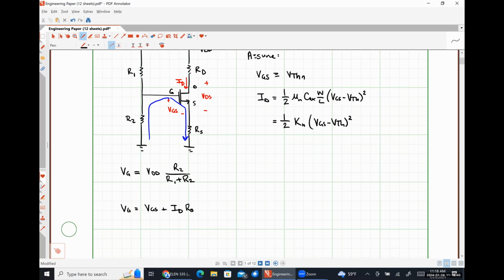And we can rearrange this to say that our drain current is then equal to VG minus VGS divided by RD.